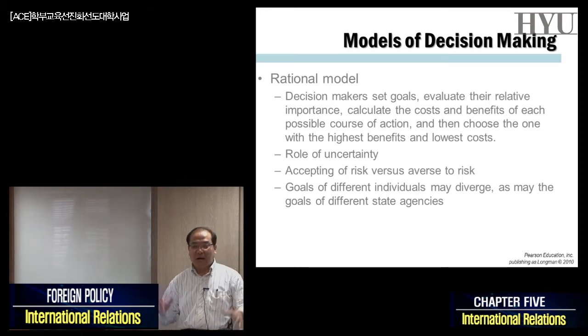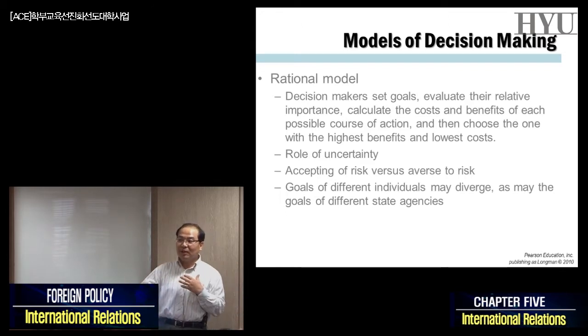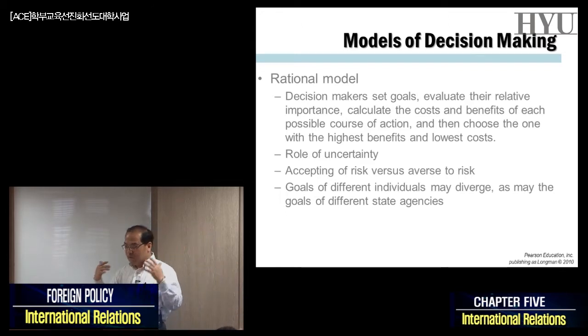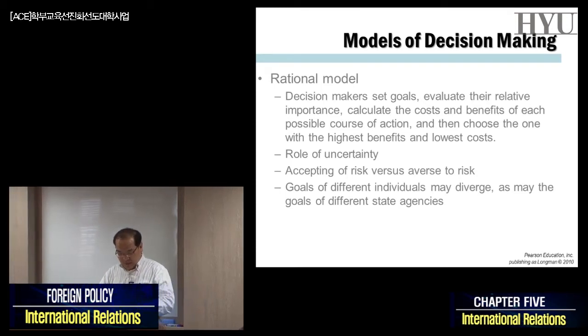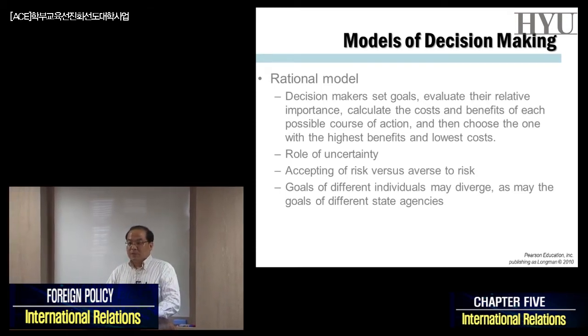Similar argument, but here the information screening process cannot be fully sufficient, so that decision makers have misperceptions on a certain issue.